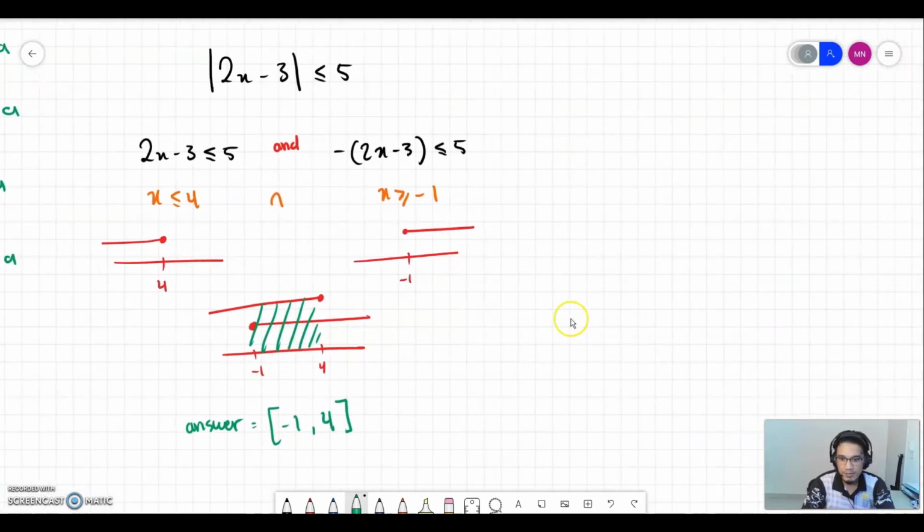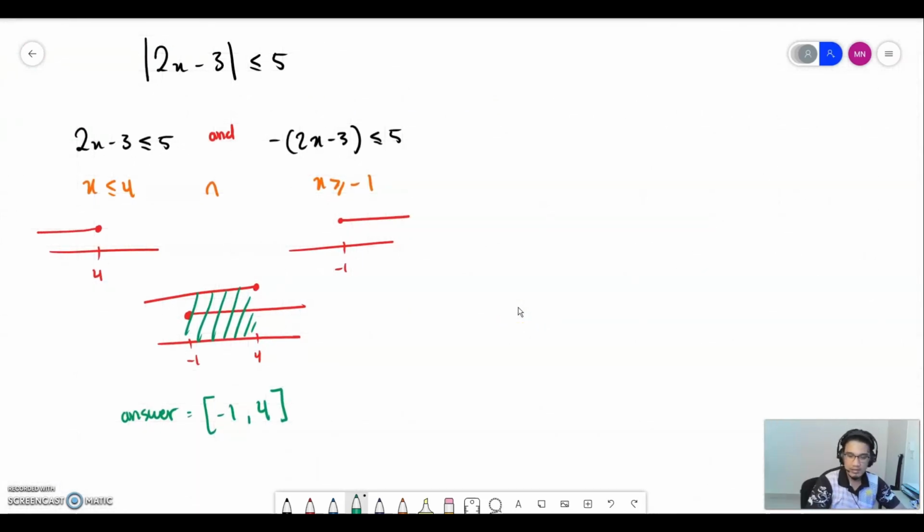So that is one of the methods to solve modulus inequality, by separating it into a positive and a negative part. There is also a second method to solve inequality with modulus, that is by squaring both sides. For example, we have 2x minus 3, same equation, less than or equal to 5. In order to remove the modulus bracket, we square both sides of our equation.